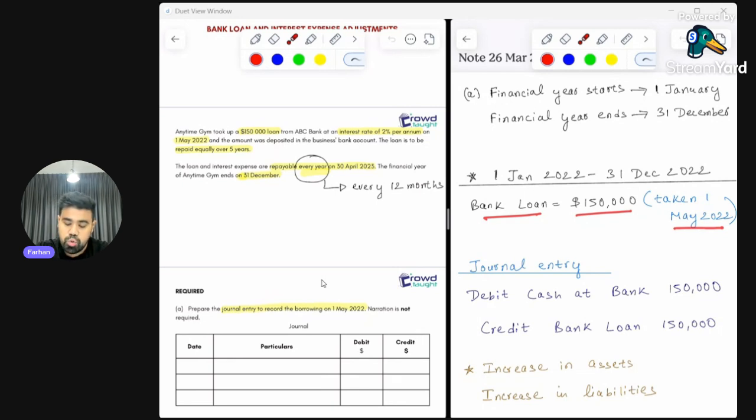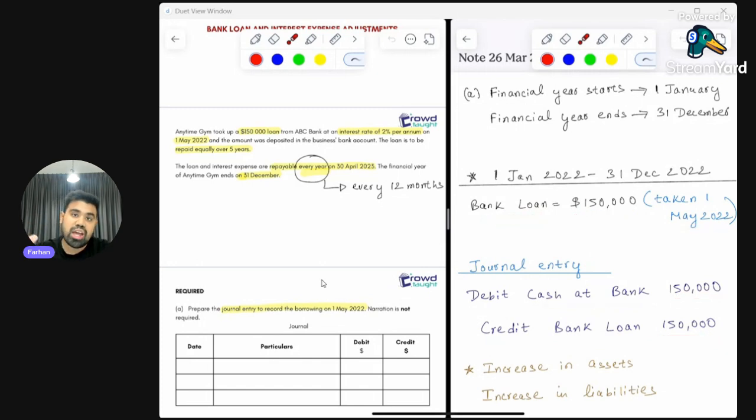So what we have to do as the journal entry on 1 May 2022 to record this bank loan which we have taken is to debit the cash at bank account by $150,000 and to credit the bank loan account by $150,000. Why are we debiting the cash at bank account?